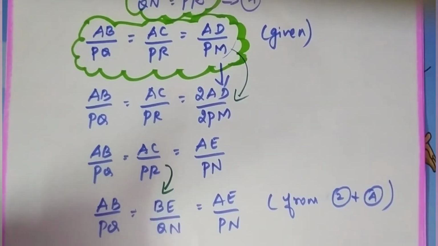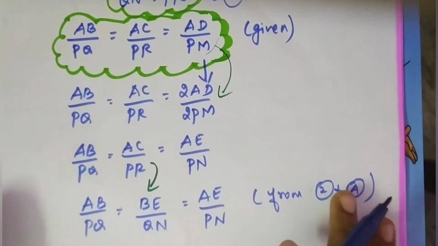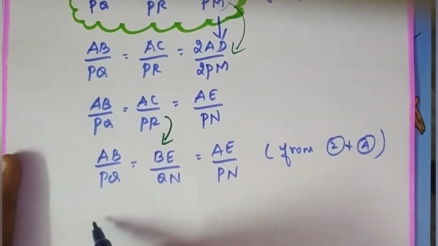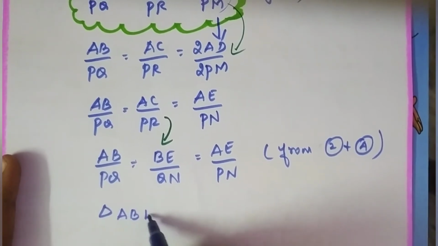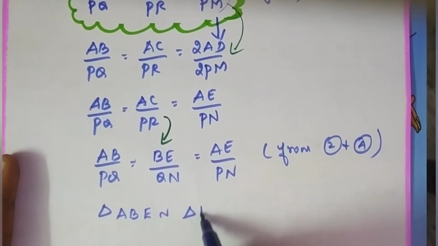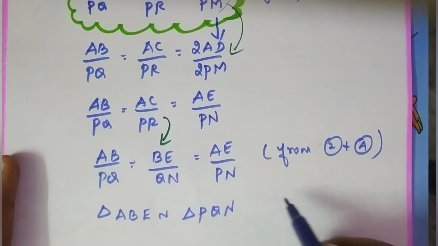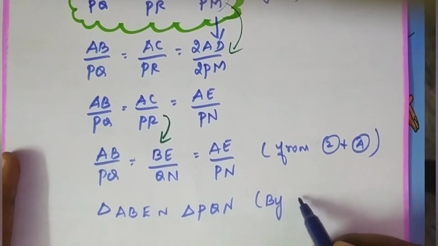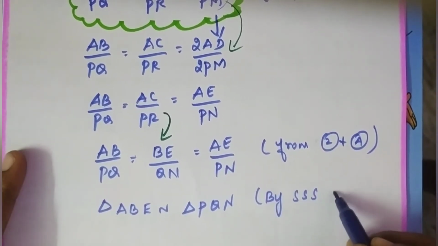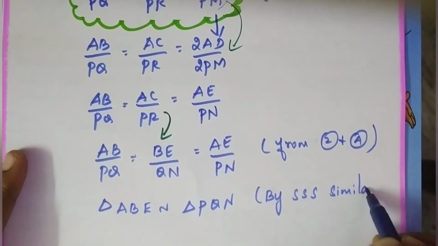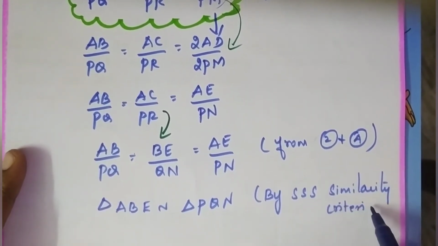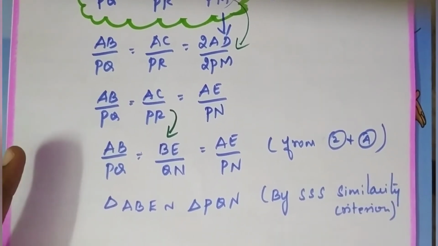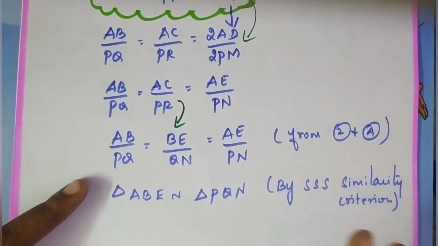The triangle ABE is similar to the triangle PQN by SSS similarity criterion. Okay, similarity criterion. It is similar.